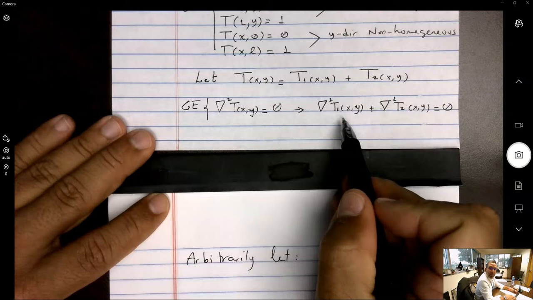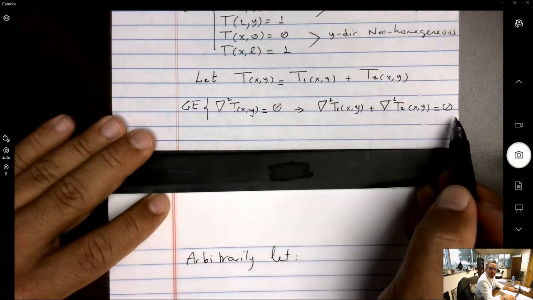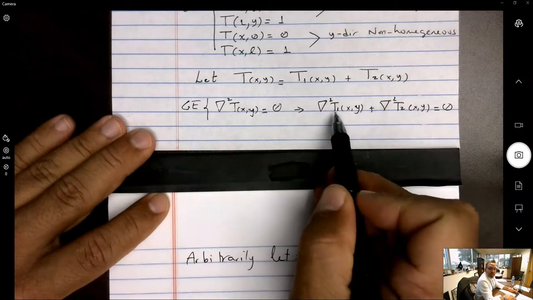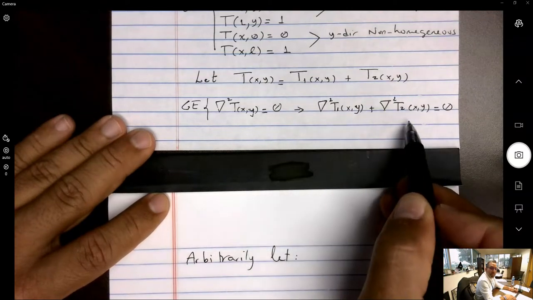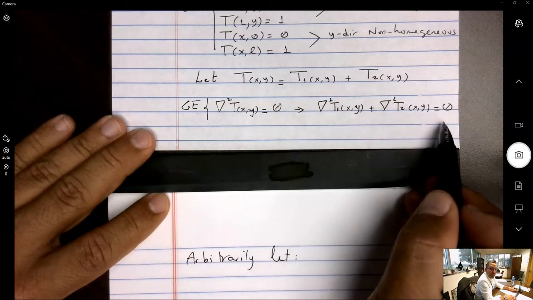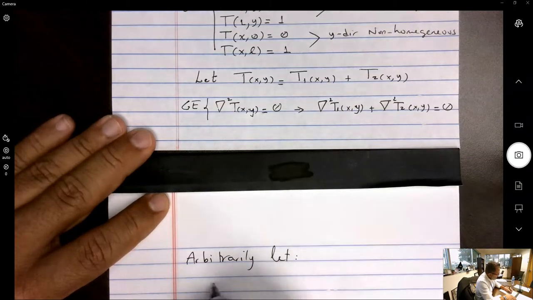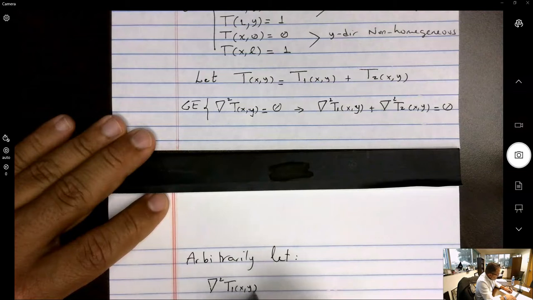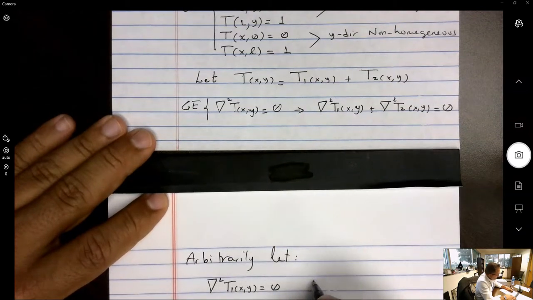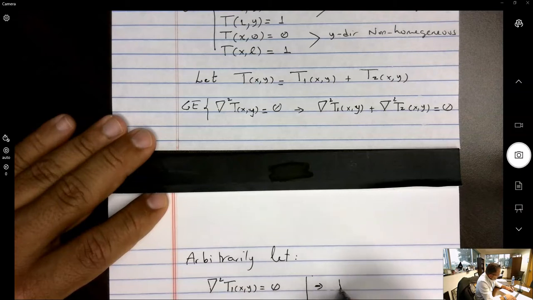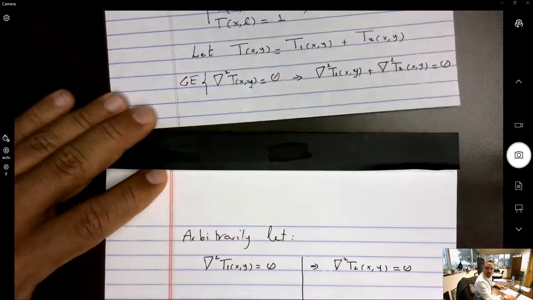If the Laplace of T1 plus the Laplace of T2 is equal to 0, I can very well say that the Laplace of T1 is equal to 3 and the Laplace of T2 is equal to minus 3, and that satisfies, but that doesn't help in anything. So I'm going to arbitrarily say that the Laplace of T1 is equal to 0, and therefore the Laplace of T2 should also be equal to 0. This one plus this one is equal to 0.